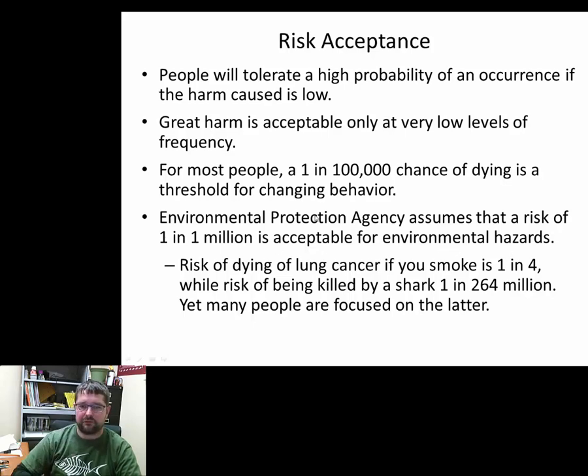So I already told you that. A toxicity level of 1 in 1 million is acceptable. So 1 in 1 million will develop cancer from exposure to this chemical. That's an acceptable EPA regulation.